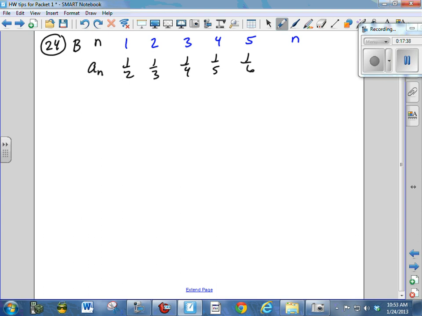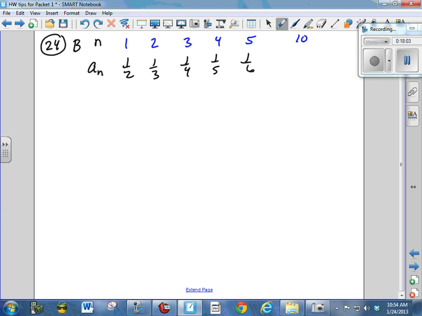So think about the relationship between the number of the term and the numbers in the term. 1 over 2 goes with term 1. 1 over 3 goes with term 2. 1 over 4 goes with term 3. 1 over 5 goes with term 4. 1 over 6 goes with term 5. So if I get to term number 10, what would it be?